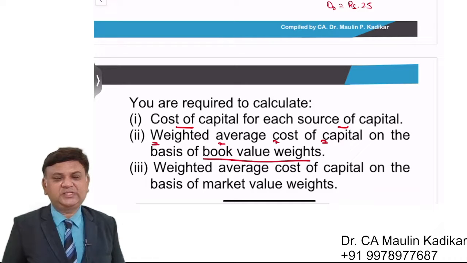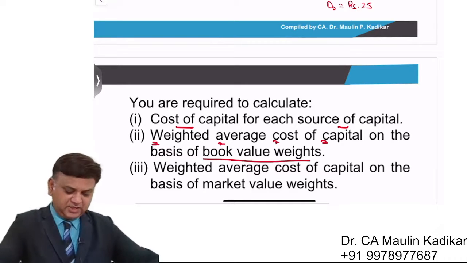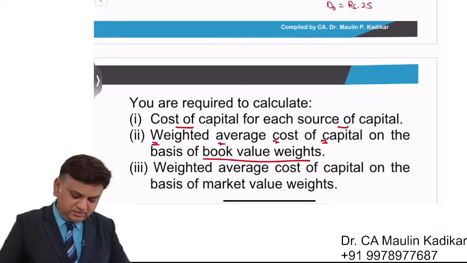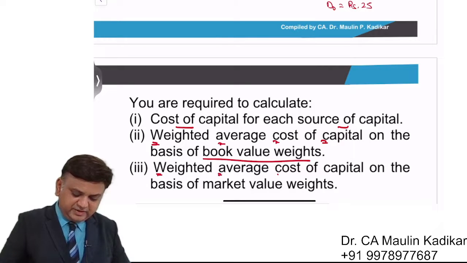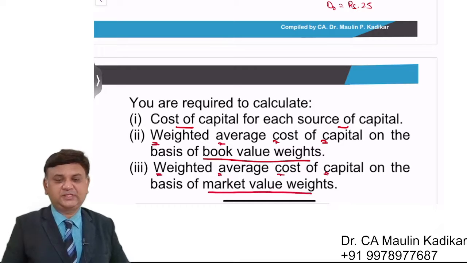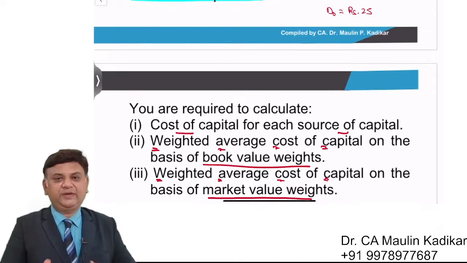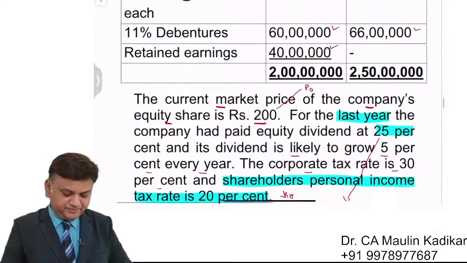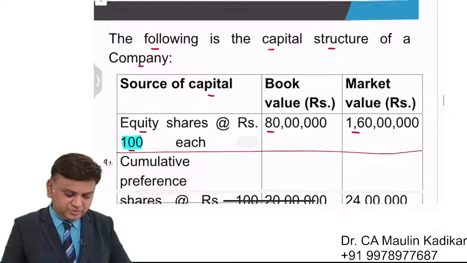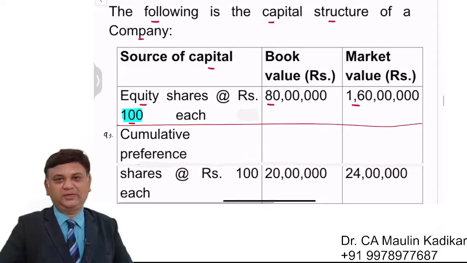Using the book value weights, compute the weighted average cost of capital. Again, compute the weighted average cost of capital on the basis of the market value weights. So in the third question, again we are required to find the weighted average cost of capital, but this time with market value weights. I request all of you to go through the question and then we'll discuss how to do it.